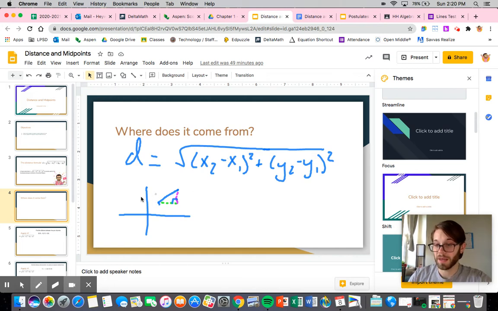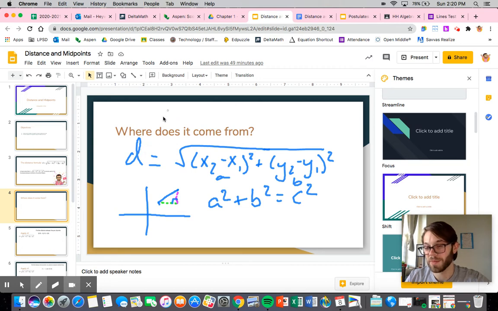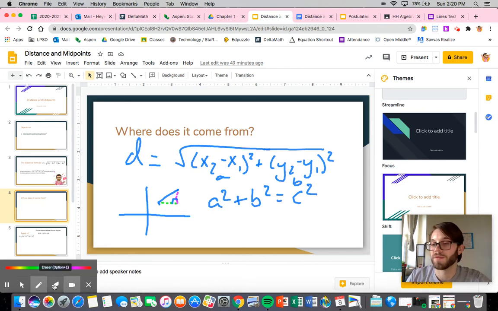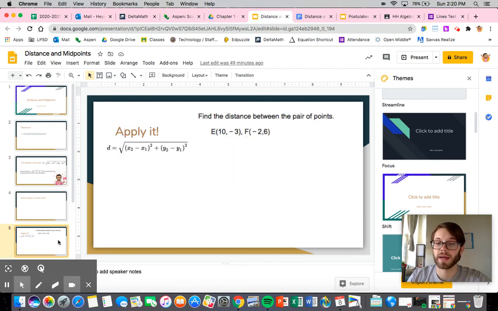It's a squared plus b squared equals c squared. Here's your a, here's your b, we're squaring them. And then over here would be c, except we took the square root, and that's why d is equal to the square root of something. So it comes from the Pythagorean theorem, which we're going to do a lot more practice with as we get into triangles. But you've all likely heard of the Pythagorean theorem before, so that is where it comes from.